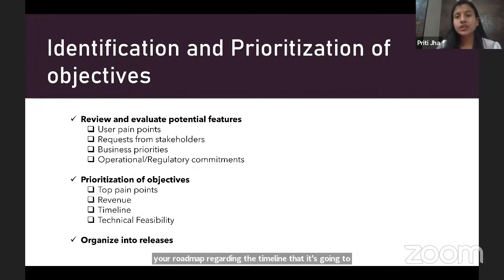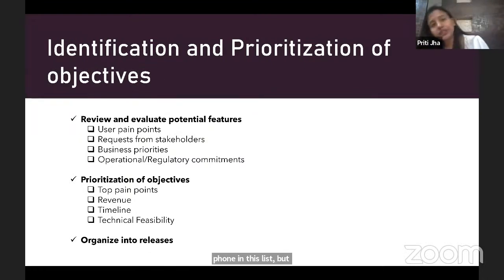And the last thing, which is the technical feasibility aspect. Now, this is actually not the last thing in this list, but I would say it's something which is always going to be there when you're putting things into your list of the objectives in your roadmap.